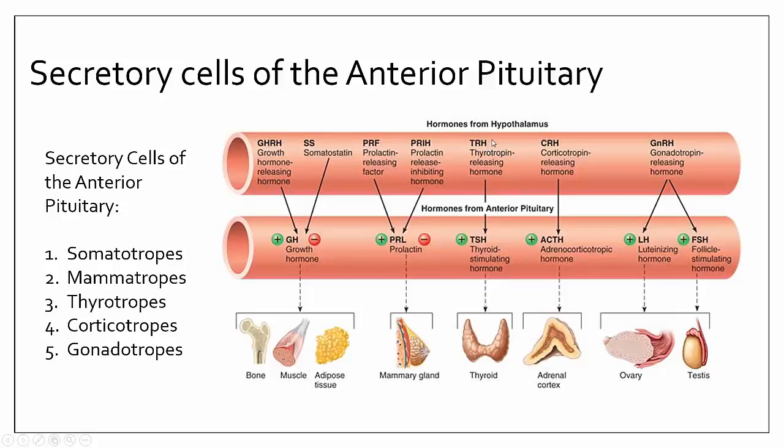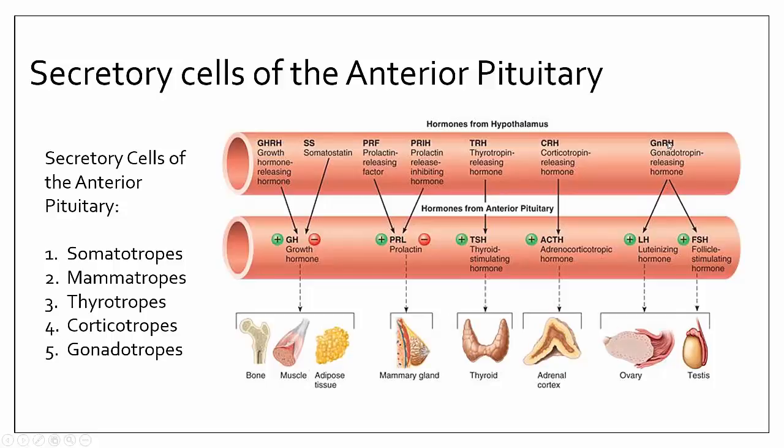TRH from the hypothalamus acts on thyrotropes to secrete TSH from the thyrotropes, which act on the thyroid. CRH, corticotropin releasing hormone, acts on corticotropes to release ACTH, which is adrenocorticotropic hormone, which then goes on and affects the adrenal cortex, which is the outer part of the adrenal gland.